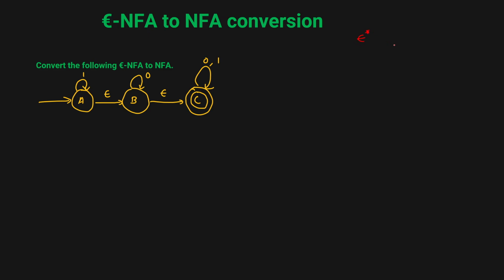What we have to do is convert this E-NFA to NFA by first getting the epsilon closure of this E-NFA, then checking the input status for that, and then again finding the epsilon closure for the input. Basically the table is going to look like this.